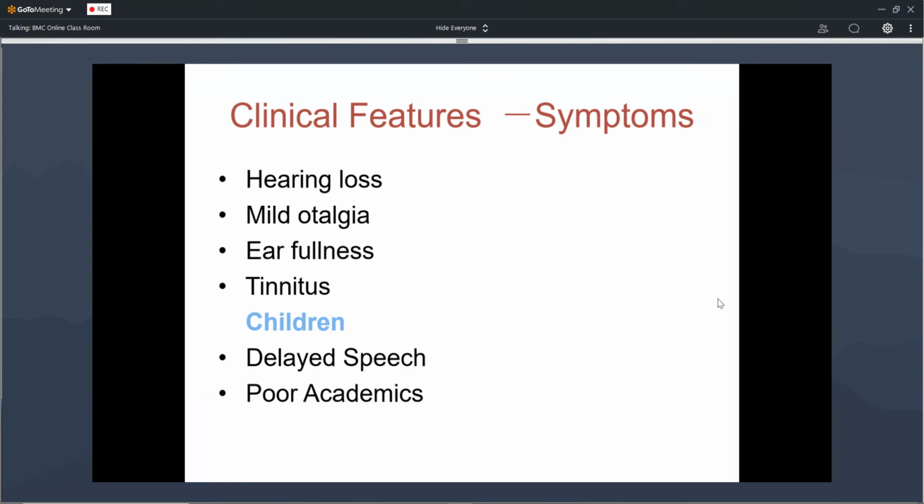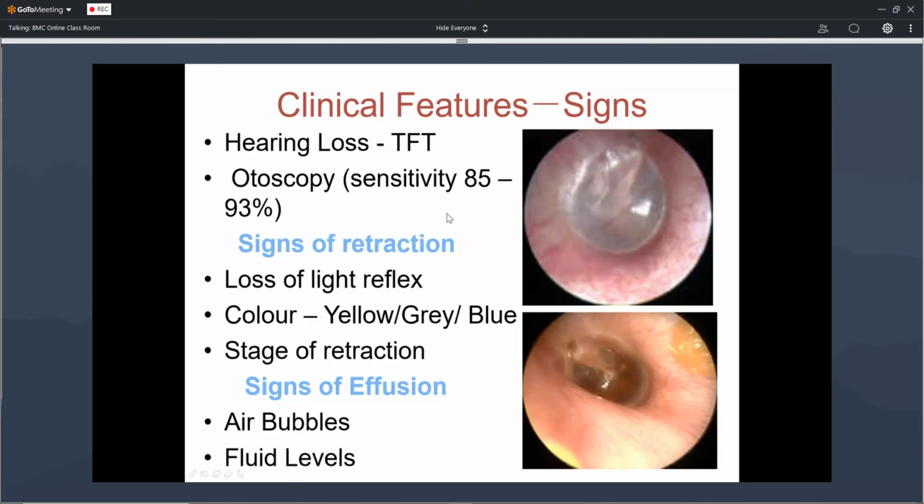So signs on examination, there is otoscopy. So you can see the thin retracted membrane with fluid in the middle ear cavity. So you can see this is the retracted membrane with accumulation of the fluid. So there is loss of cone of light or distortion of the cone of light. You cannot see a clear cone of light in non-suppurative otitis media.